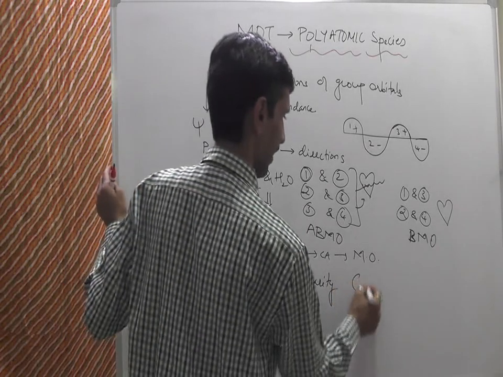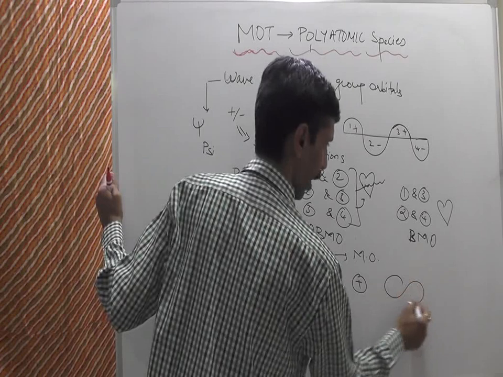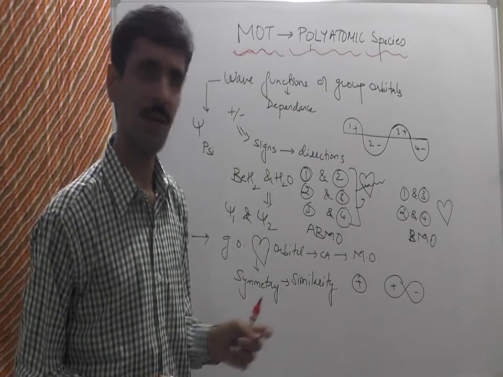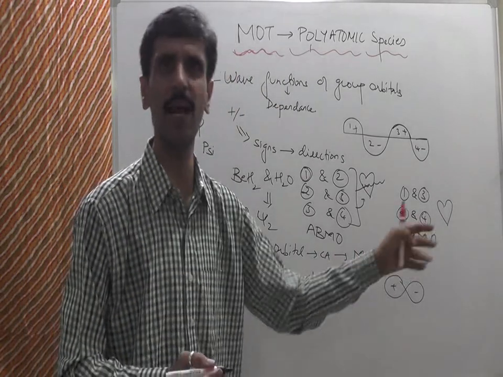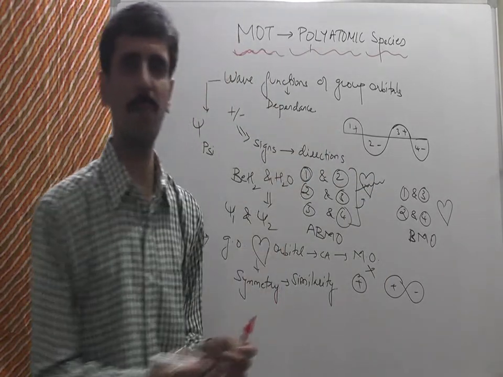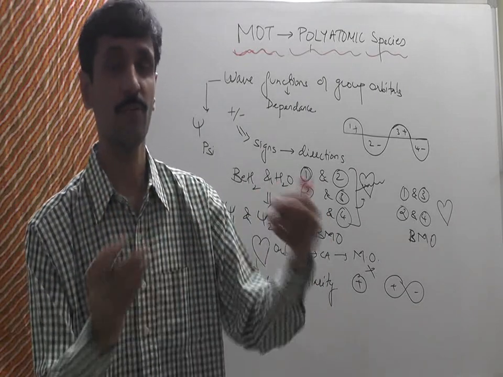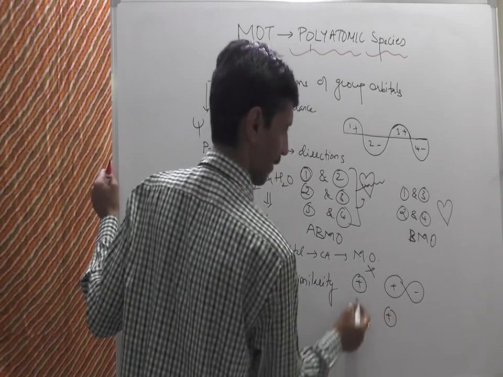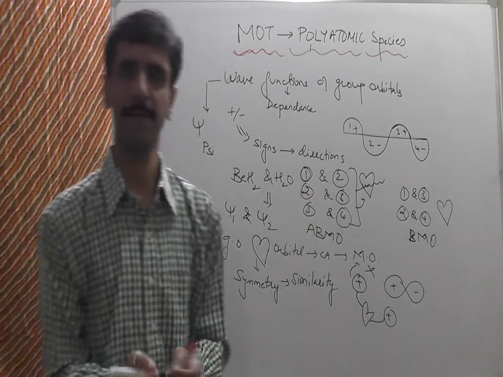Okay, if I am going to show an s orbital with a positive sign, and if I am going to show a p orbital with two lobes, positive and negative, and if both of them approach each other, it's not possible because they are not symmetric, they are not similar. ओके, तो इसमें प्यार नहीं होगा, नॉट पॉसिबल. ओके, तो कॉम्बिनेशन का रिजल्ट हमेशा similarity के respect में होगा. तो अगर एक पॉजिटिव है और दूसरा भी पॉजिटिव है तो यस, प्यार जरूर होगा और मॉलिक्यूलर ऑर्बिटल बन जाएगा.